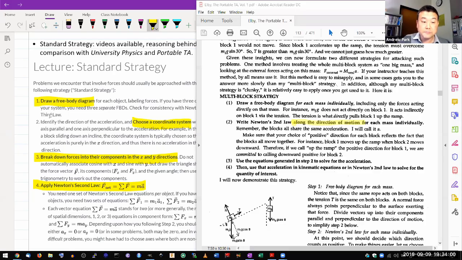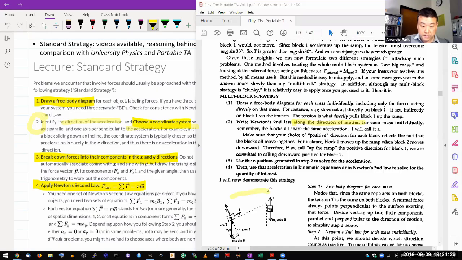So we do that explicitly. We set up for that explicitly in step number 2 by identifying the direction of acceleration and using that to choose a coordinate system. And the coordinate system is chosen for each object separately.